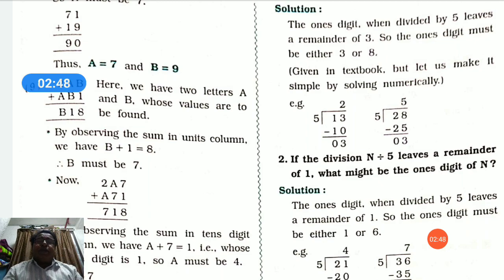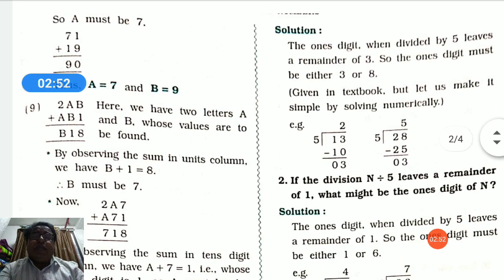So by observing the sum in unit column, we have B plus 1 is equal to 8. So B must be 7 because 7 plus 1 is equal to 8.